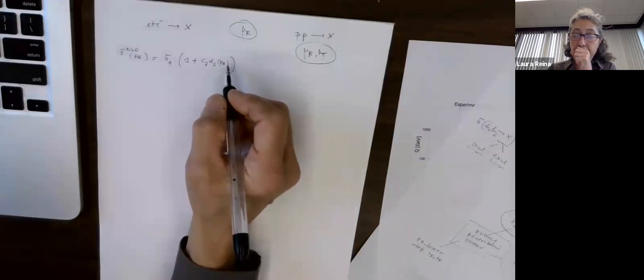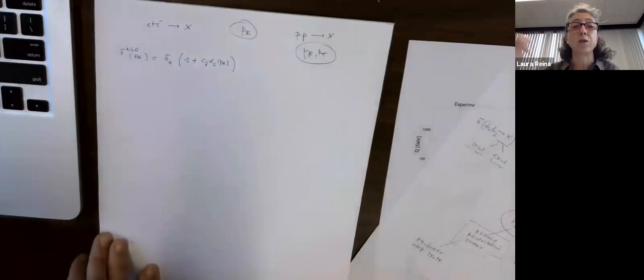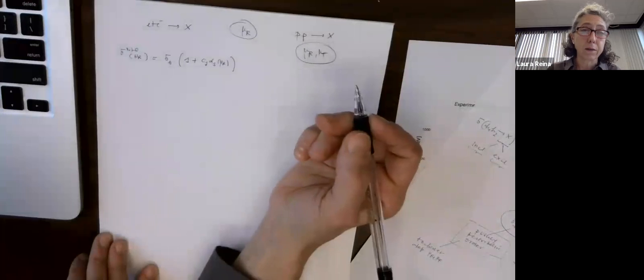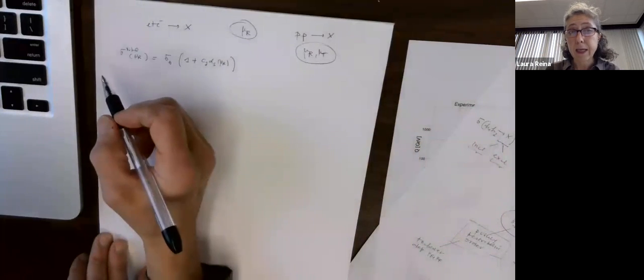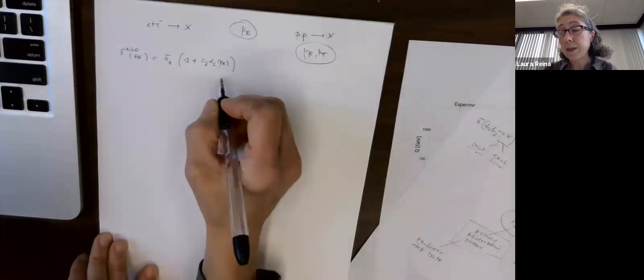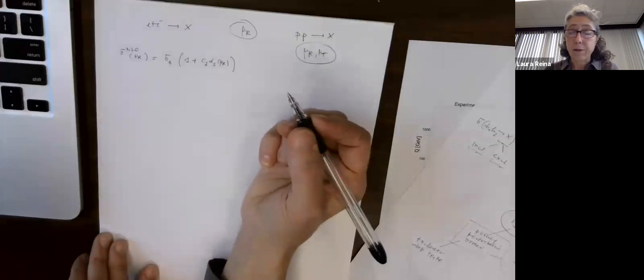Now, if you now wanted to estimate the dependence on this scale, you want to calculate the cross section at a different scale. Given that the only dependence on the scale that you have is in the coupling, the question is: how does alpha s depend on the scale? Well, we know how alpha s depends on the scale.